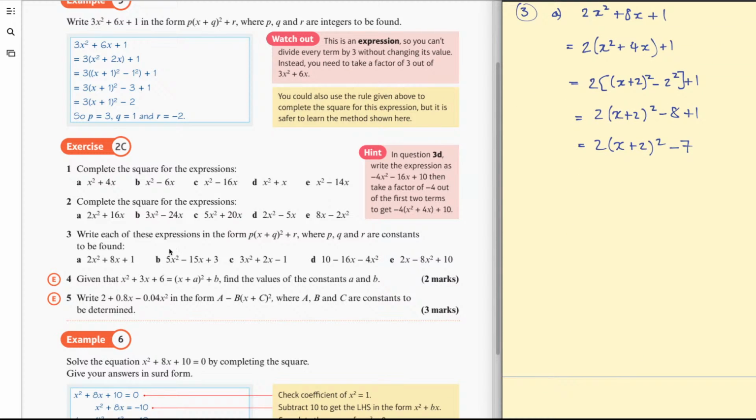And I will do one more of these and then check the answers. So B is 5x squared, take 15x plus 3. Remember, factorize from the first two terms. So this is 5 multiplied by x squared, take 3x plus 3, and then complete the square on the terms inside the brackets. This will be x take 3 on 2 all squared, take 3 on 2 all squared, plus 3 on the end.